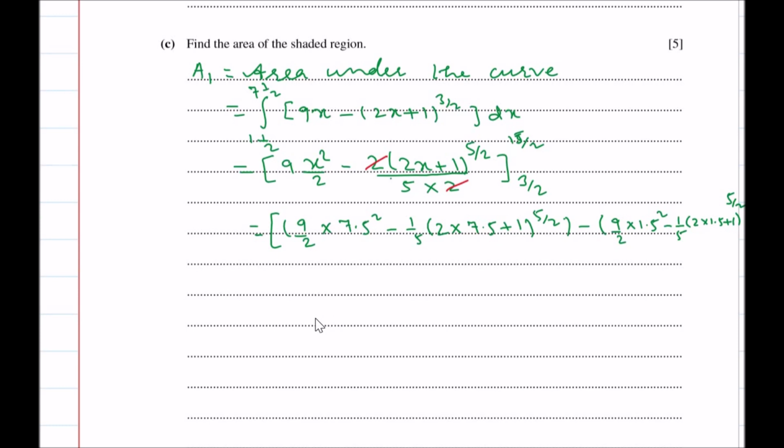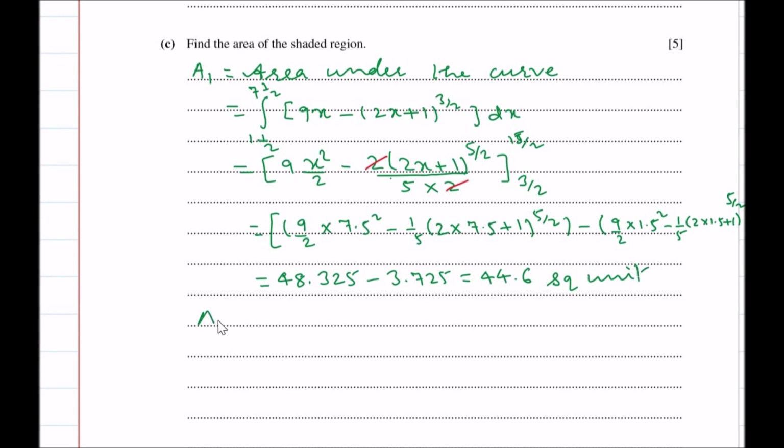Okay, and bracket closed, and then if you subtract, find the value, we get 48.325 minus 3.725, and that is giving us 44.6 square unit. The area, so unit will be squared.